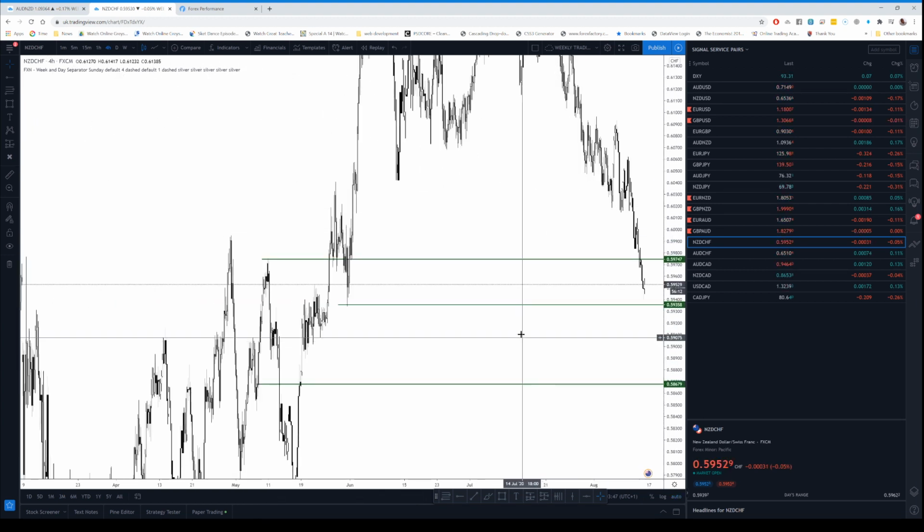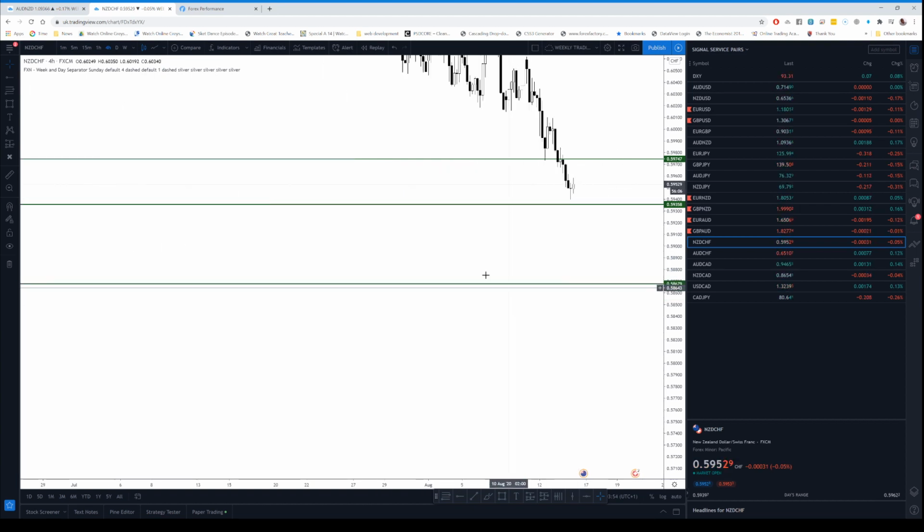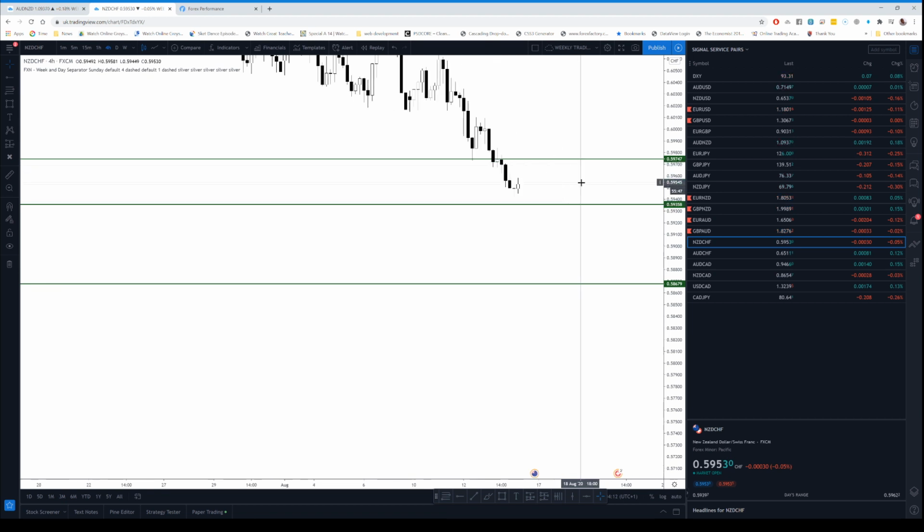So our next downside objective is down there. Today is Friday, so we might cap the low of the week from here, and then I don't think so.